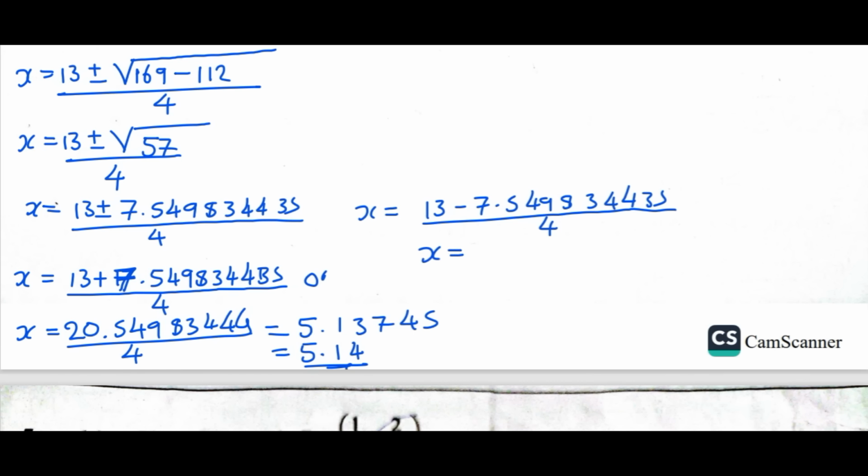Then you will have 13 minus 7.549834435. So I'm getting 5.450165565 over 4.